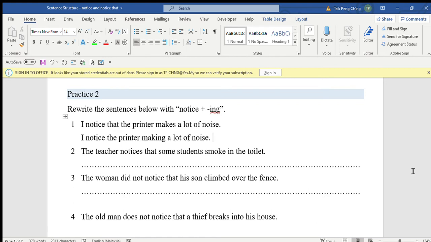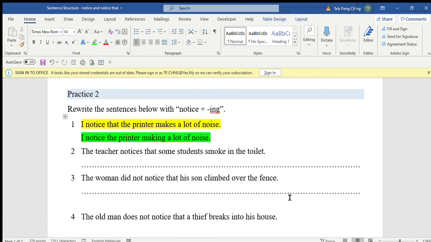Alright? Okay, now you might be wondering what is the difference between this sentence, the sentence in yellow color, and the sentence in green color. What is the difference? Okay, let me tell you the difference here. I noticed that the printer makes a lot of noise. It means that the printer makes a lot of noise, but the printer does not make noise at the moment when the speaker is speaking this sentence.